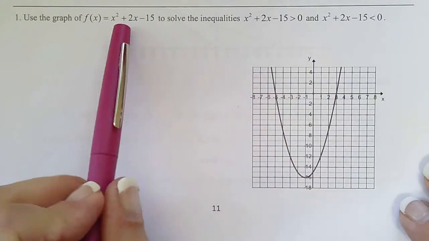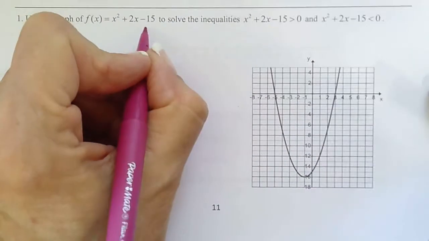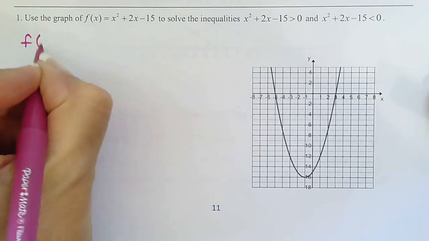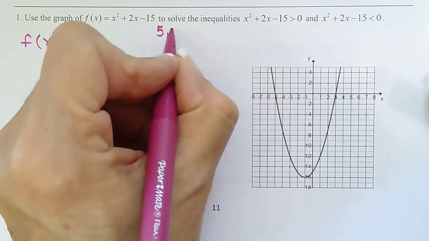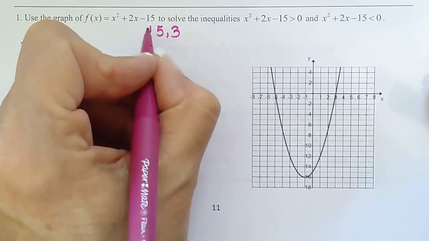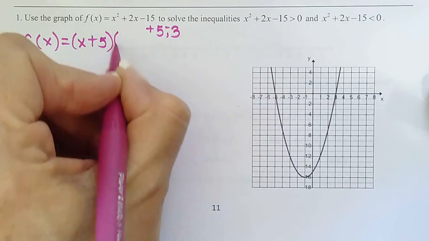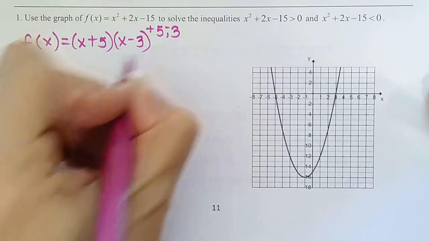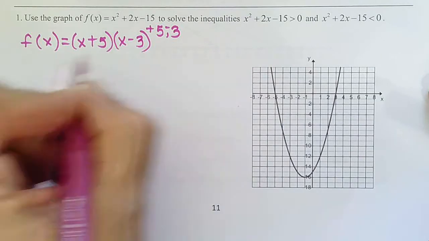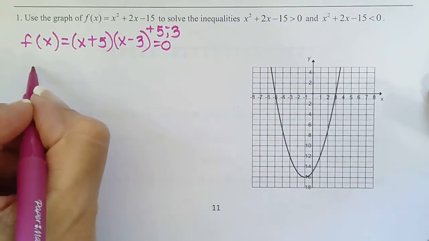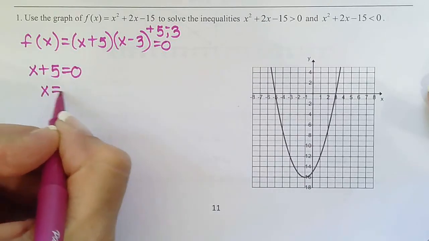Okay, so they have already graphed this parabola for us. If you want to verify, factors of 15 that subtract to 2 would be 5 and 3, and the largest one's plus. So this would be x plus 5, x minus 3, and if we set those equal to 0, our x-intercepts would be x plus 5 equals 0, x equals -5.